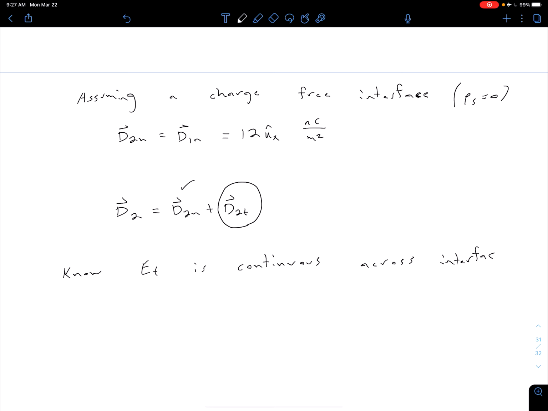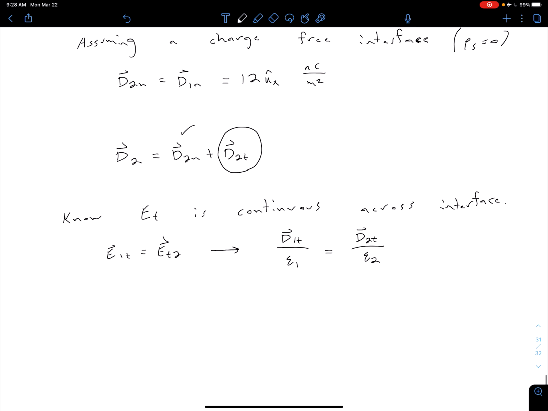And so what we can do then is get an expression for our E1 based on our D1. We can say E of 1t is equal to E of 2t. And of course we don't know E of 1t, but we can say that's just equal to D of 1t divided by our epsilon 1. Similarly, we can rewrite E2 in terms of our electric flux density, so D of 2t divided by epsilon 2.